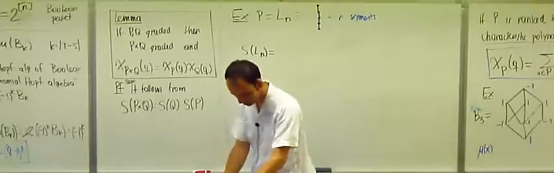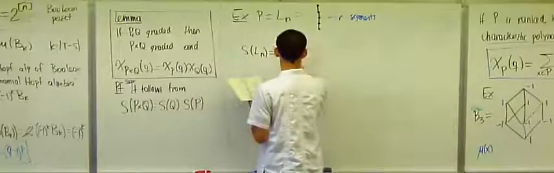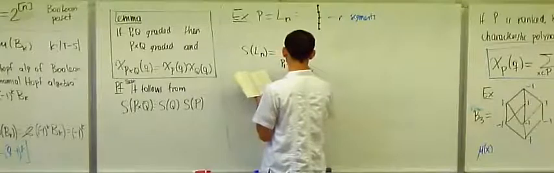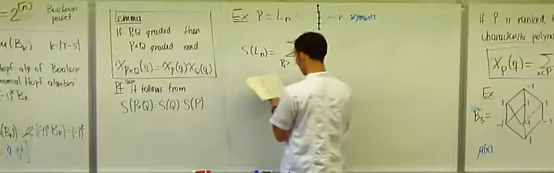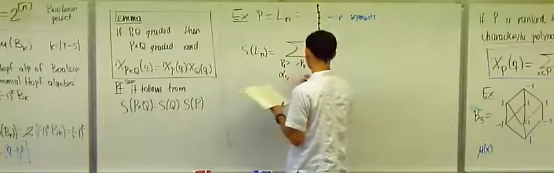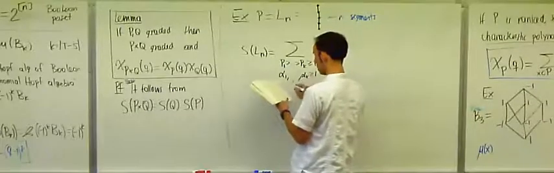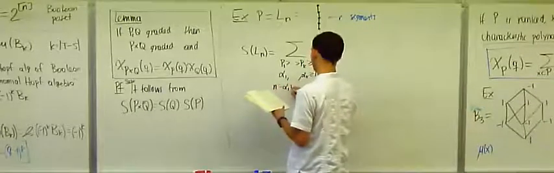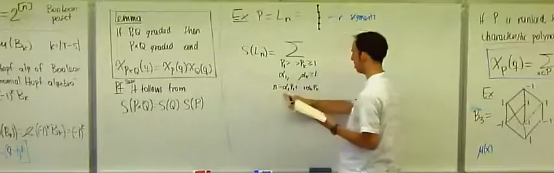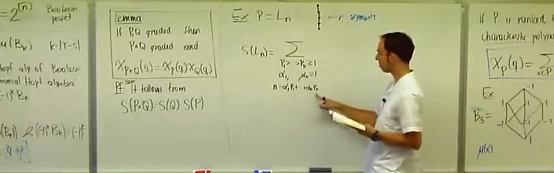Some sum, right? So I'm going to write this down. There are different ways of writing this, but this is one of them. It is the sum over all different ways of writing n as a repeated sum of a bunch of p1s, a bunch of p2s, etc., a bunch of pk's.